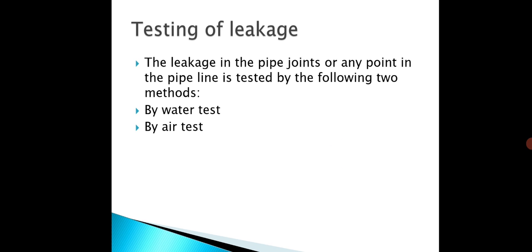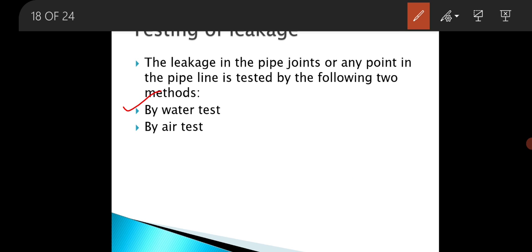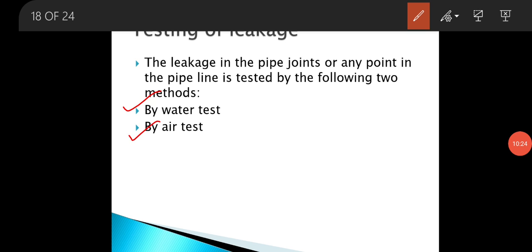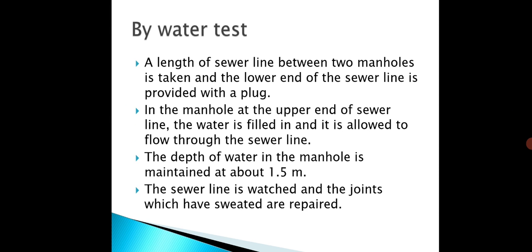Next is testing of leakage. The leakage in the pipe joint or at any point in the pipeline is tested by either of two methods. First one is by water test, or by air test.